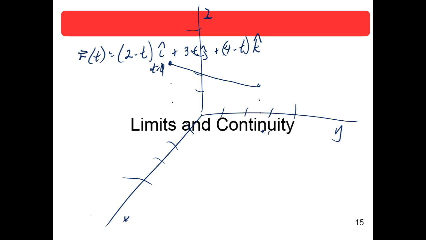Okay, and give me another one. T equal 2. That would be 0i, so we're going to be 0 on the x-axis. Okay. YZ plane.